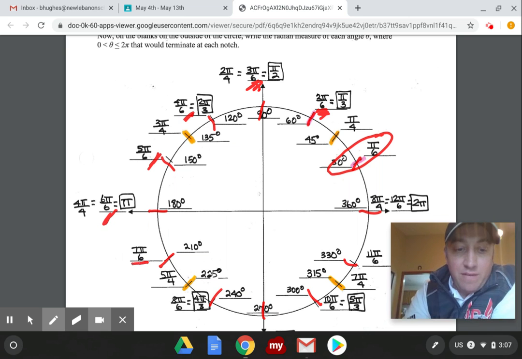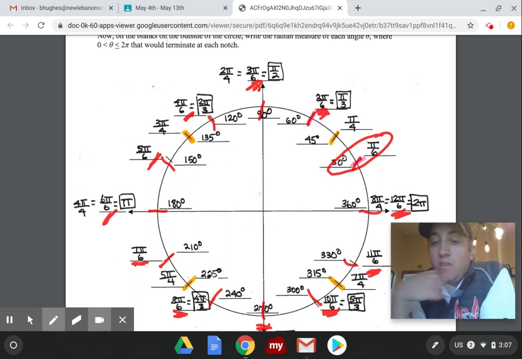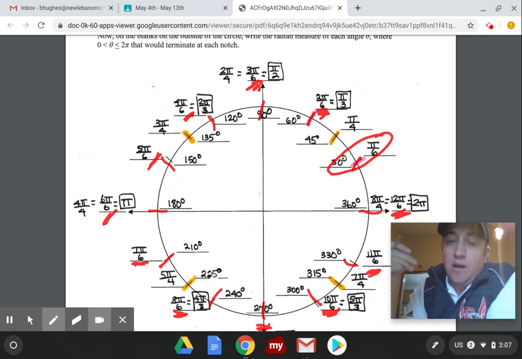Then we have 7 pi over 6, 8 pi over 6, 9 pi over 6, 10 pi over 6, 11 pi over 6, and 12 pi over 6. So I just filled out most of my unit circle just by that 30-degree measure and pi over 6. And the only thing I'm going to have to make sure I do with those pi over 6s is just reduce them if I need to. 8 pi over 6 reduces to 4 pi over 3.